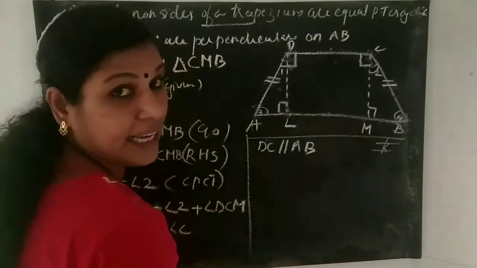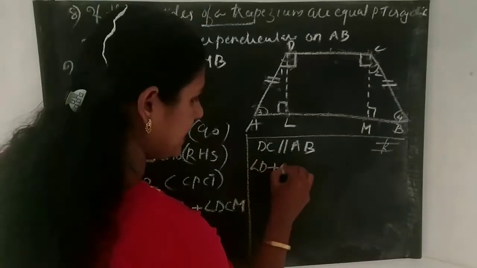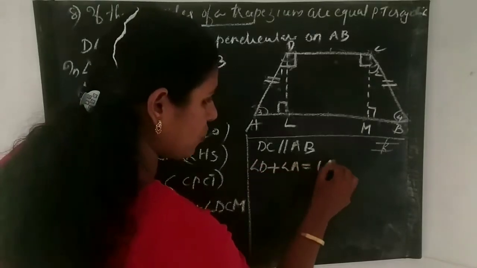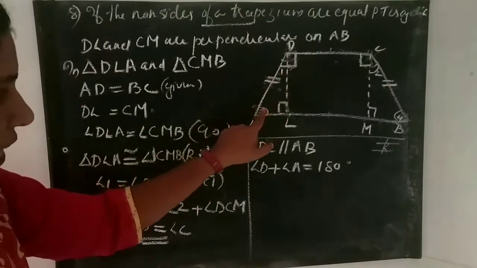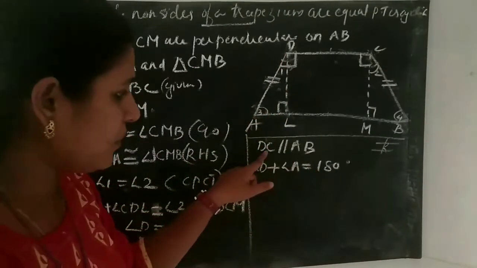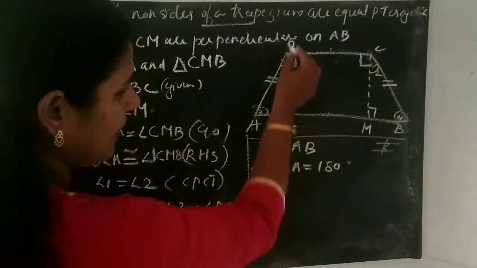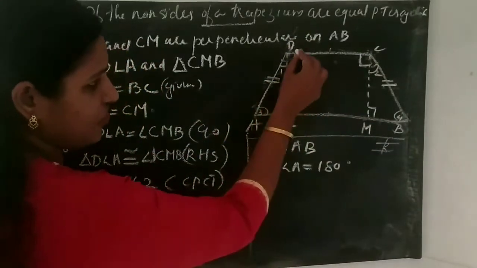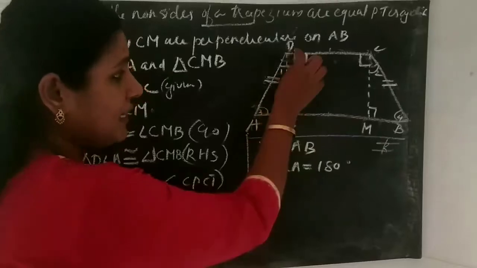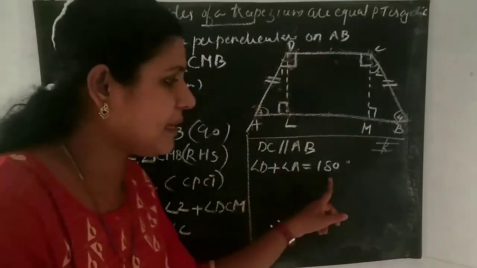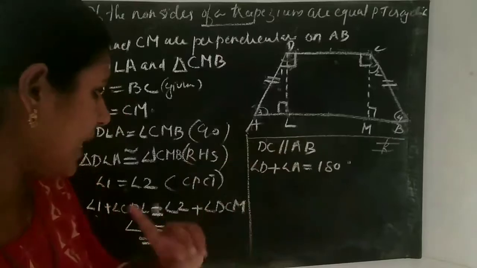Co-interior angles are supplementary. So we can write angle D plus angle A equals 180 degrees because DC is parallel to AB. These two lines are parallel and a transversal cuts them, and we get one angle here and another angle there. The sum of these two angles is 180 degrees.